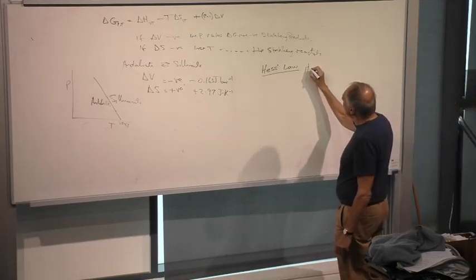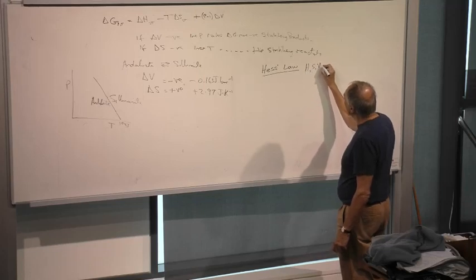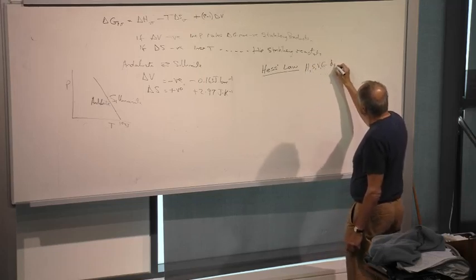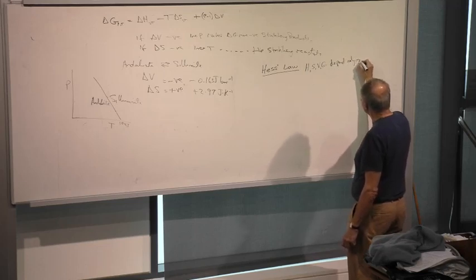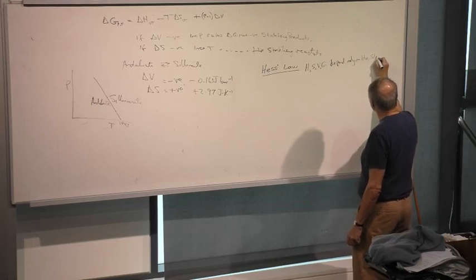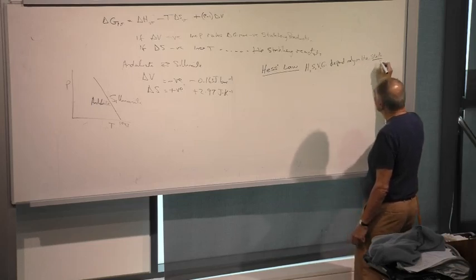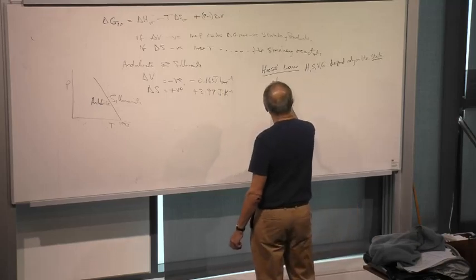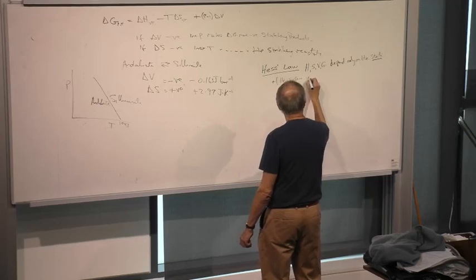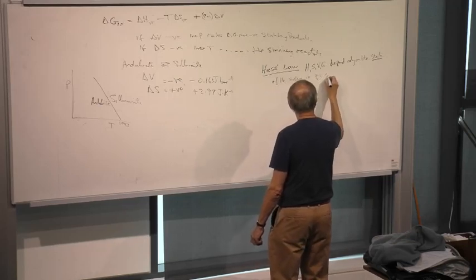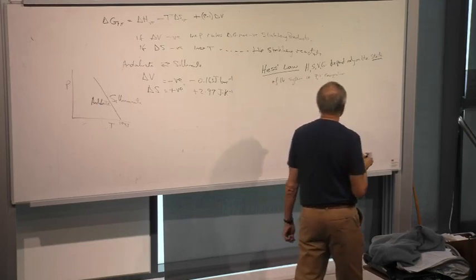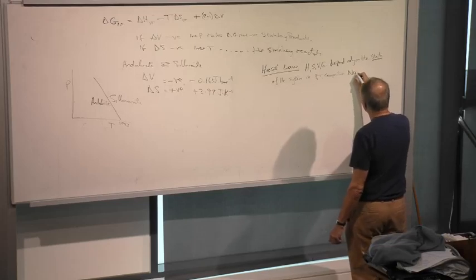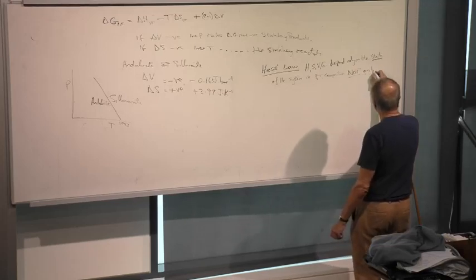So enthalpy, entropy, volume, free energy depend only on the state of the system, i.e. the pressure, the temperature, and the composition, not on the path to that state.